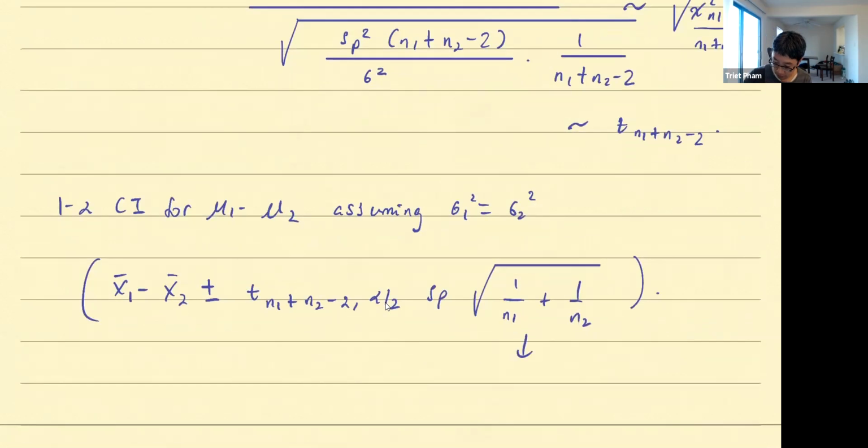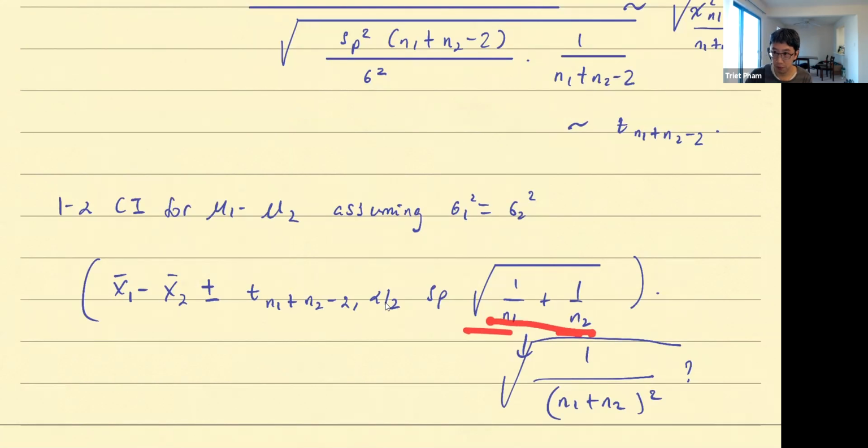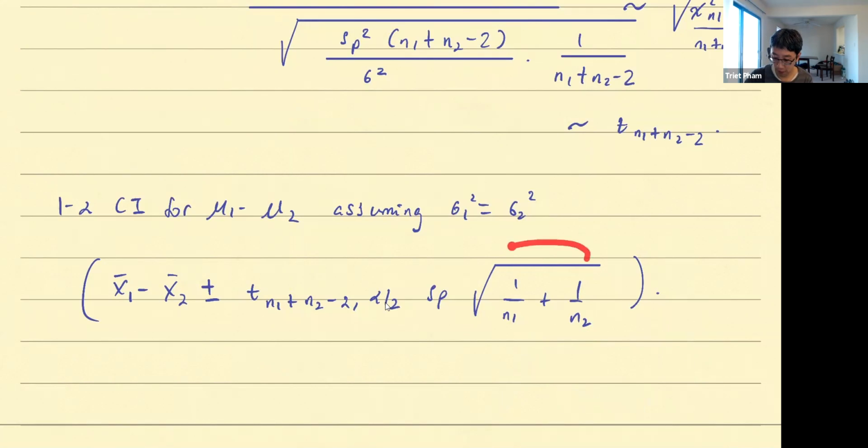Why not something like this, for example, square root, whatever? Why something like this? I don't know if I'm asking some obvious question here, but you know where this comes from, right? Does the question make sense, or is it too easy? Where does this factor come from?